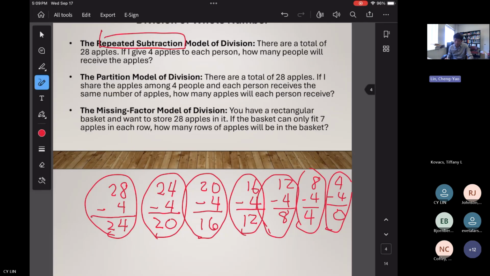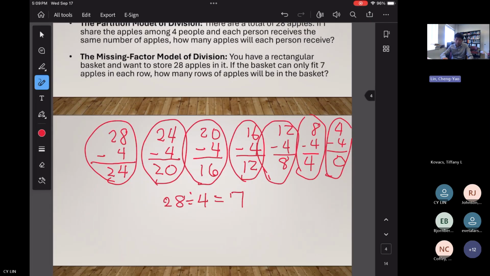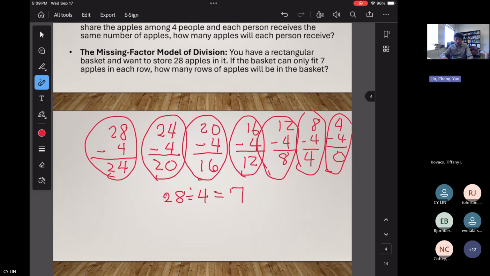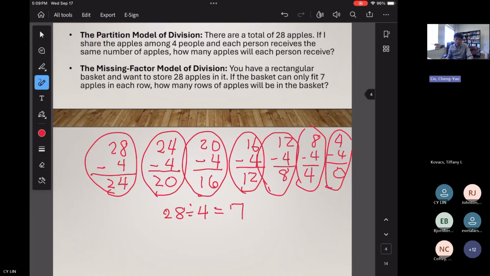So we subtract 7 times. So 28 divided by 4 equals 7. So we repeated the subtraction. Repeated subtraction is one meaning for division.